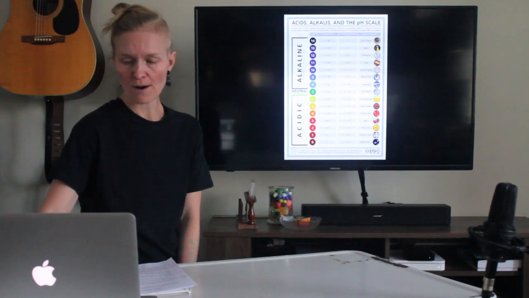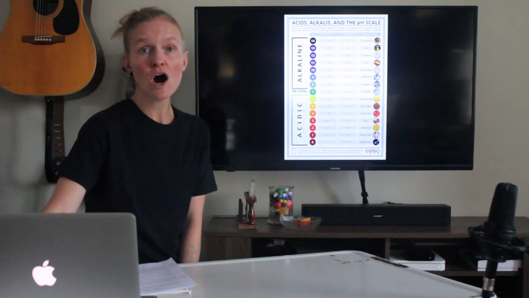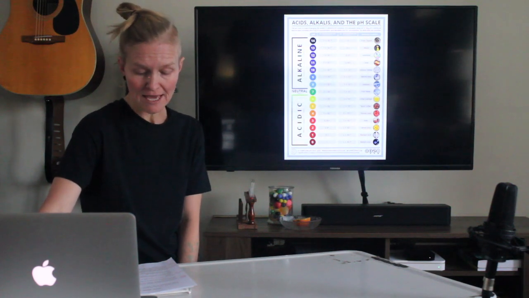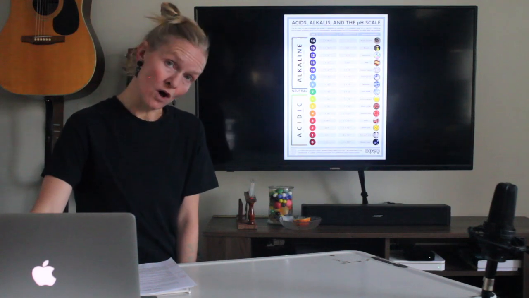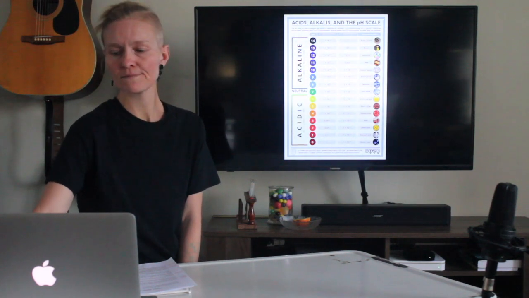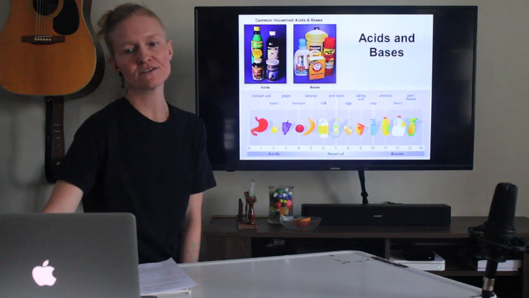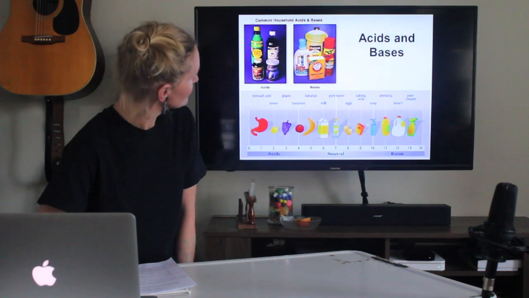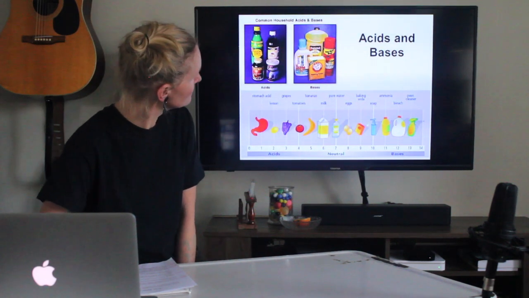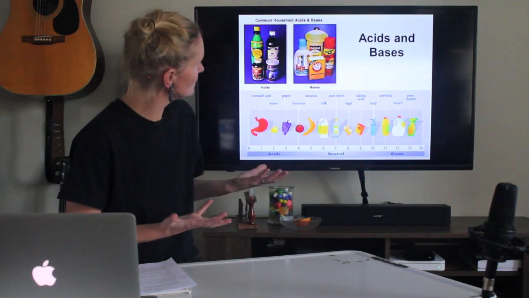The chemical properties of acids are that they will react with another compound called a base in a neutralization reaction to form a salt and water. So we can see this. There's another list of some common acids and bases. We'll take a look at this for a second. In our home, you'll have most of these things.